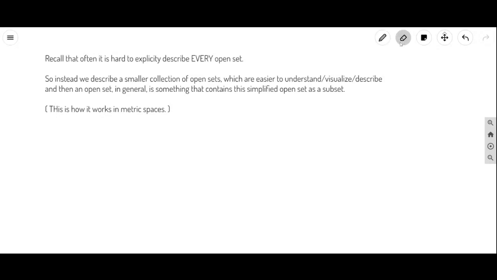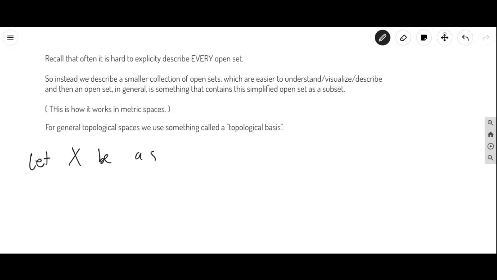And that's what you do in metric spaces, but what does one do in topological spaces? For general topological spaces, we use something called a topological basis. And I want to quickly remind what a topological basis is. So let X be a set. For the moment we just have a set.